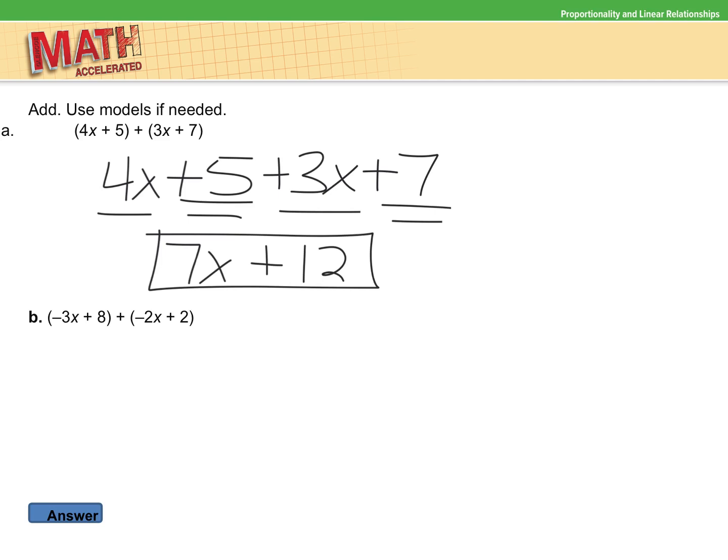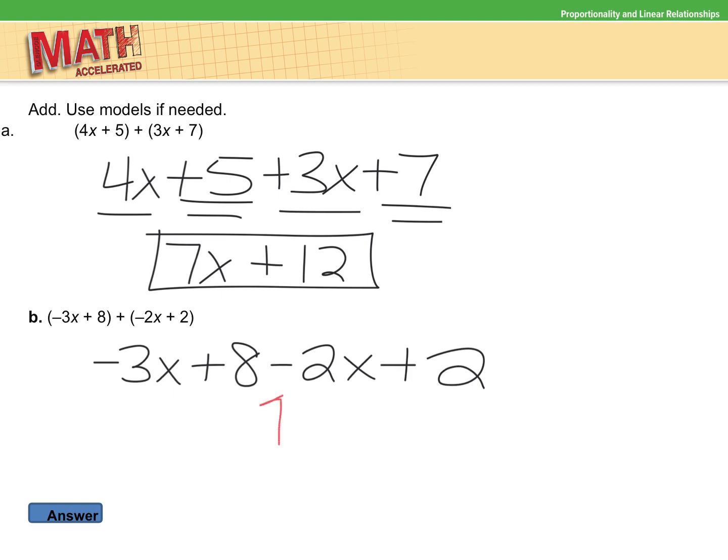Good. On B, what operation is in between the parentheses? Addition. So what do we need to do first? Rewrite. Negative 3x plus 8 minus 2x plus 2. One thing I want to talk about quick, why am I putting a minus sign right there? Because it's negative. Yep. From here, what can I do?